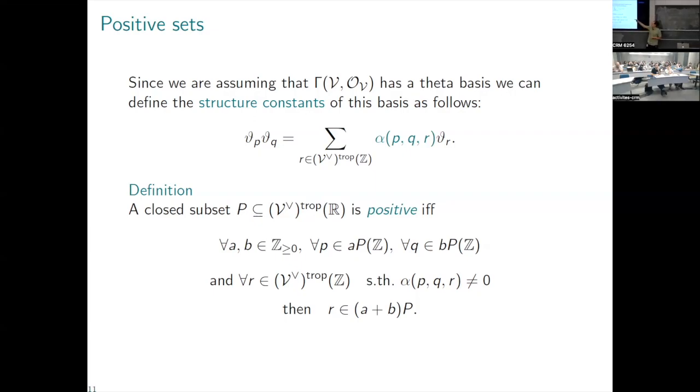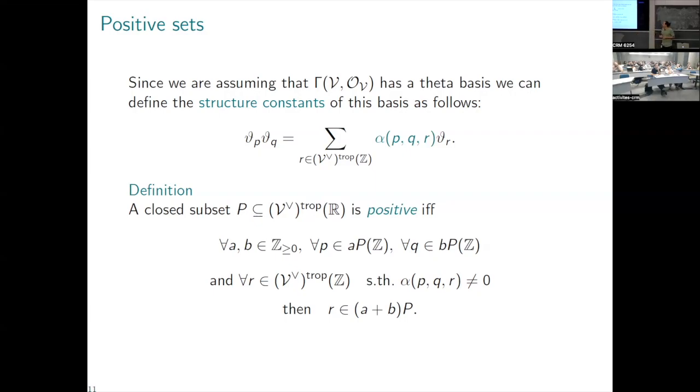And since theta functions are a basis, it's a linear combination of theta functions. So this gives rise to these structure constants parameterized by the two elements I'm multiplying and the elements I'm using in my linear expansion. Okay, so these are just some complex numbers. It's shown that they are actually positive integers in general, or well, those that are non-zero.